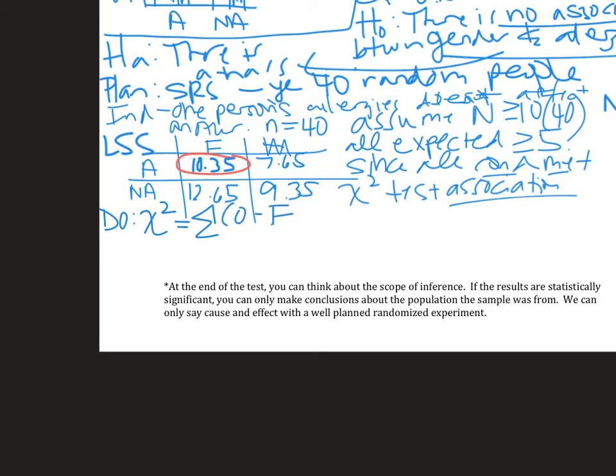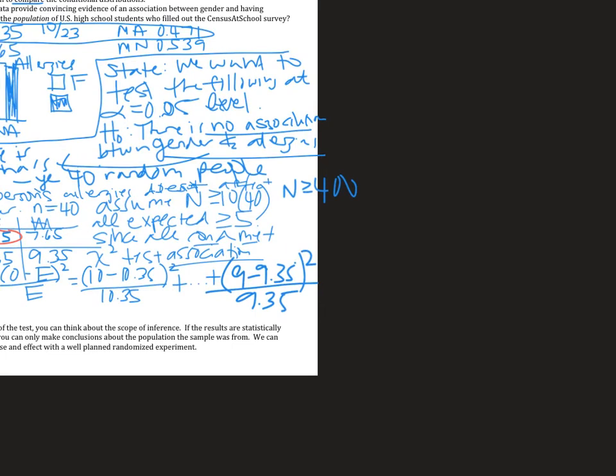O minus E squared over E. Go ahead and put in the first one, 10, the observed minus the expected, squared over the expected, plus, 9, the last one, minus 9.35 squared over 9.35. Okay, I've run out of room, of course, like I always do. So I write like a Shrek, Wreck-It Ralph hands.